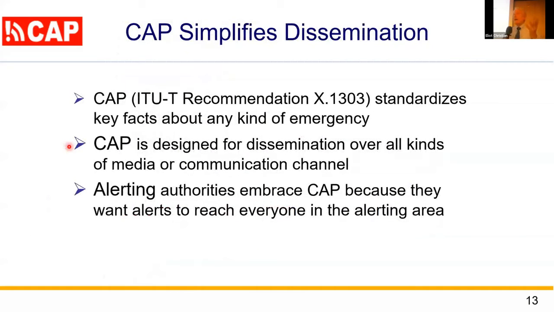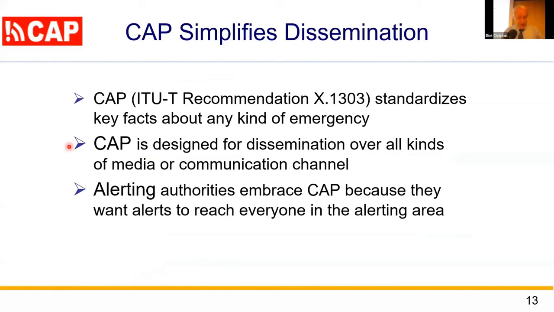So CAP, ITU-T recommendation X.1303, standardizes the key facts for any kind of emergency. It's designed for dissemination over all kinds of media or communication channels. Alerting authorities embrace CAP because they want their alerts to reach everyone in the alerting area.